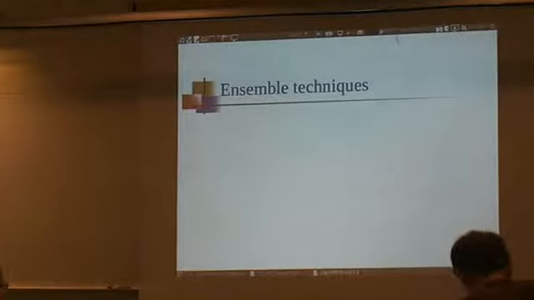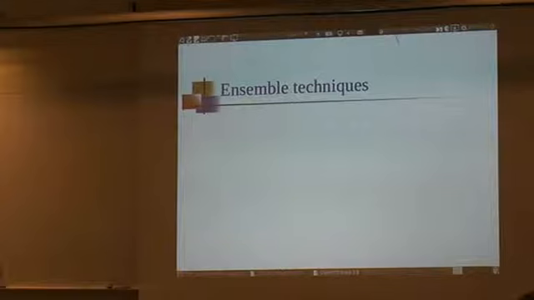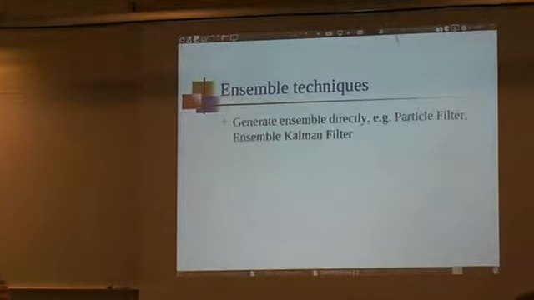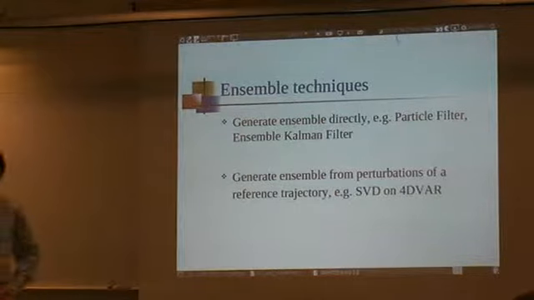Right now it is very common to use ensemble techniques to account for the uncertainty in the forecast and in the nowcast. There are a variety of ensemble techniques, but most of them fall into two categories.